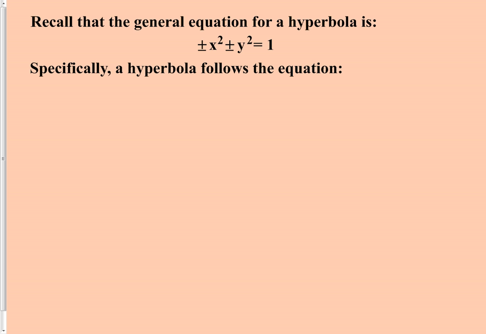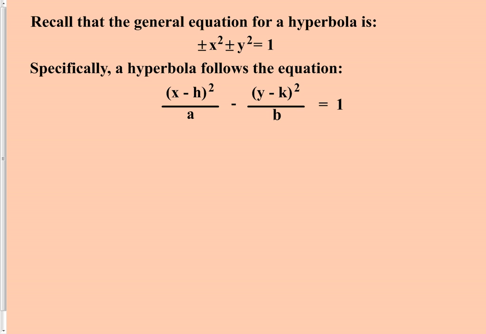Now, more specifically, when we look at the equation for a hyperbola, we are going to see a little bit more information in there, and particularly we're going to be looking at equations that look like this. Of course, you have the sign disagreement between the two terms. One of them will be positive and one of them will be negative. We have the x minus h and the y minus k, just like we have for all of the conic sections throughout.